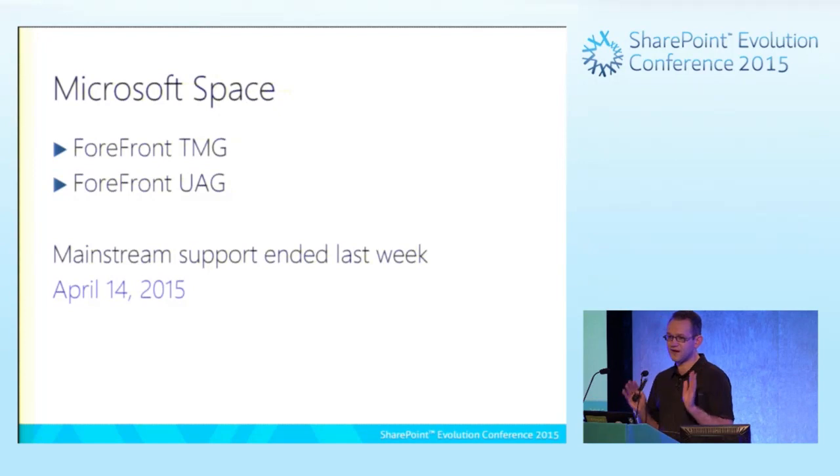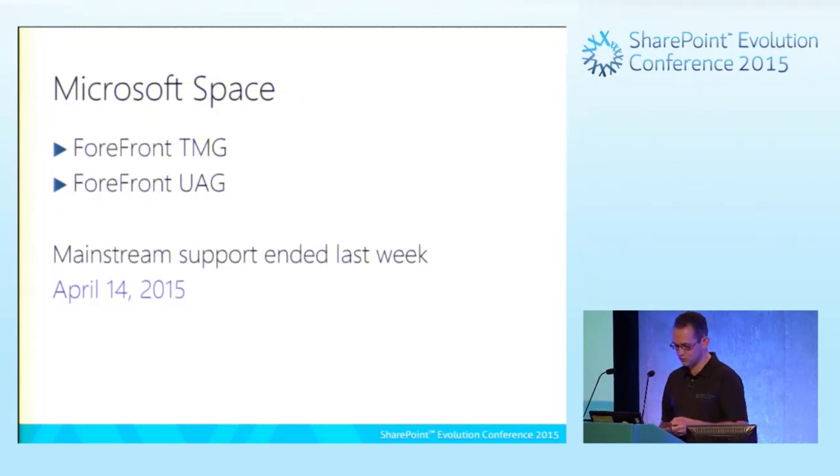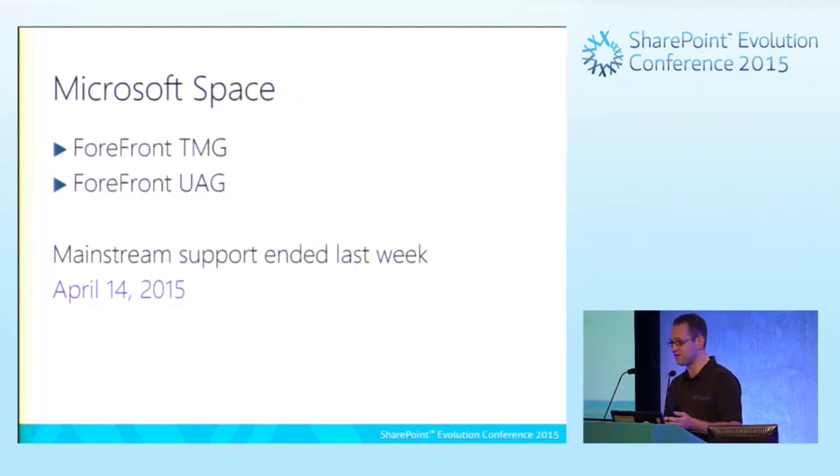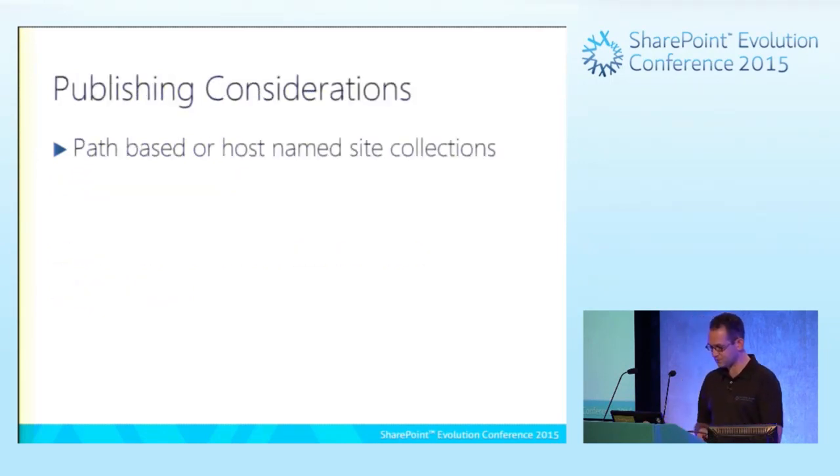It offers much fewer options than TMG and UAG did in the past. So that's probably the most important key takeaway from this session. It can do a lot of things, but not everything that the older products could do. So if you were looking to replace those products, web application proxy can be an alternative, but you might want to look at other options too, if you're looking for advanced scenarios.